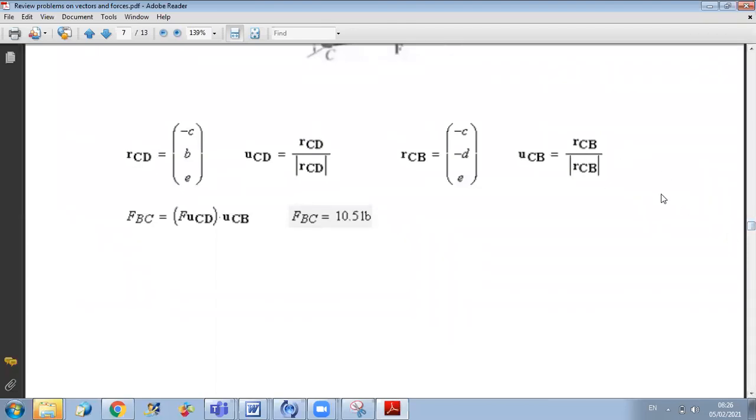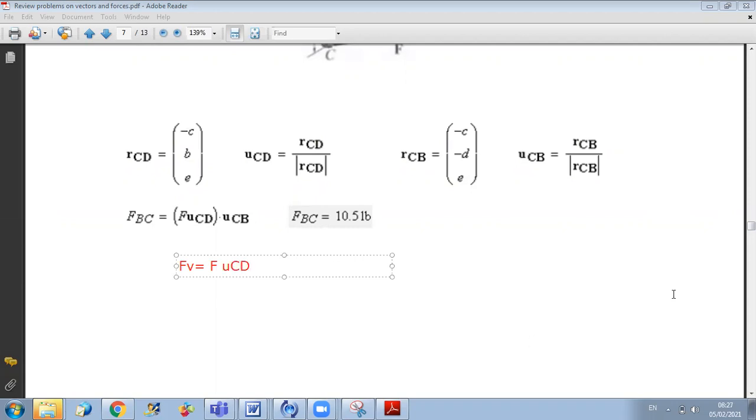It's the same as the vector F. How will you find it? You know that F is passing by points C and D. So to calculate F vector, you should find the unit vector of CD. So it's the magnitude of F times unit vector of CD.